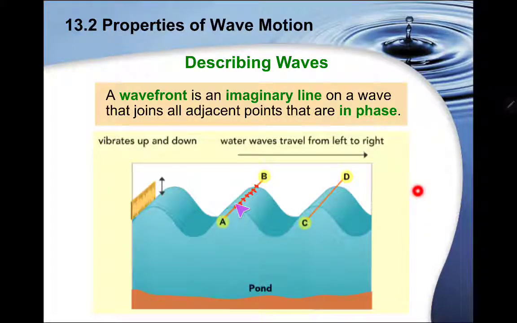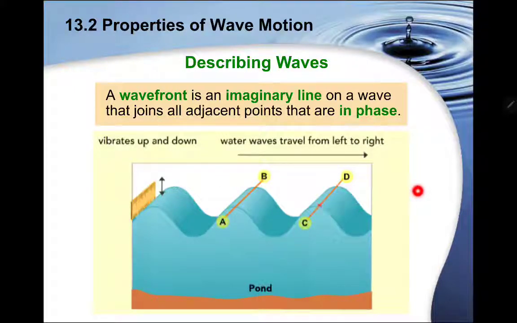They're all at the maximum displacement, speed is 0, and they're all moving in the same direction, and all of these points are beside each other. So if you join all of these points that are in phase in a straight line, this imaginary line is called a wavefront.